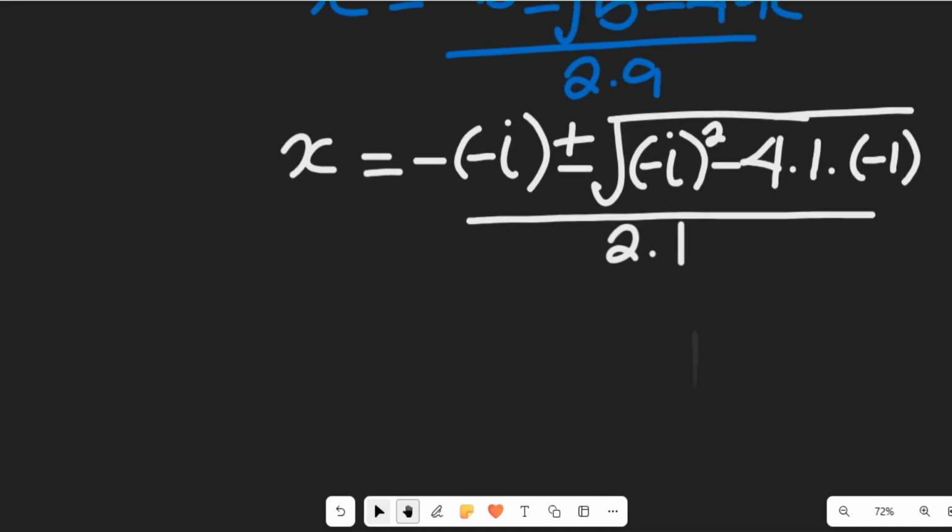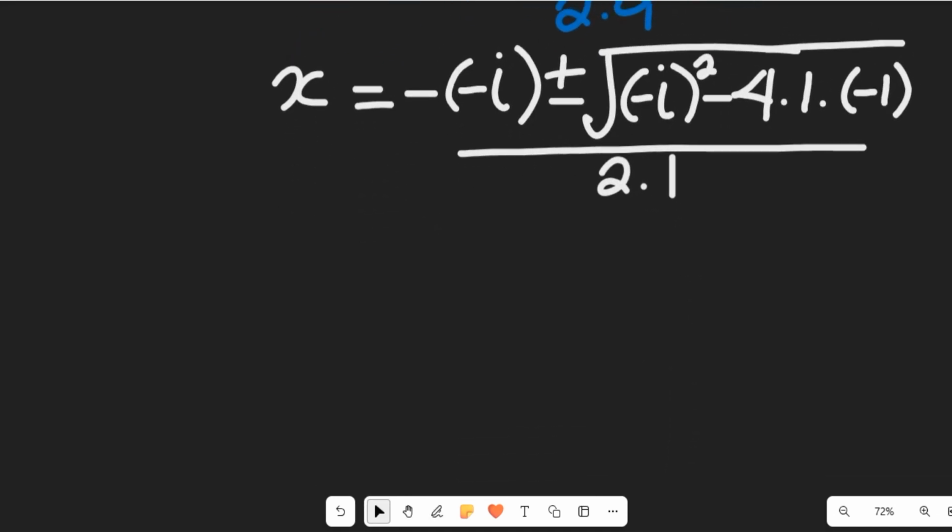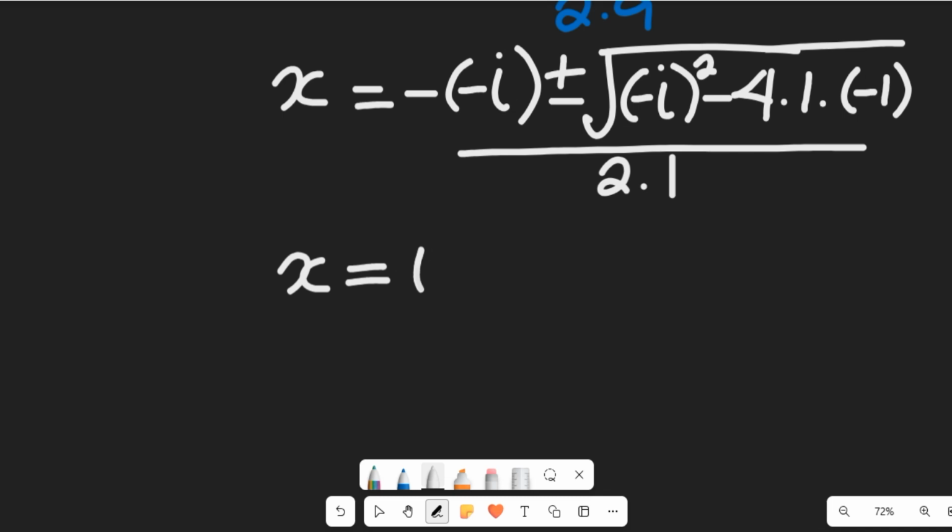Great. Now from this expression, we'll see that the value of x is equal to negative multiplied by negative, which gives i, plus or minus the square root of negative i squared, which is i squared, simply giving negative 1.